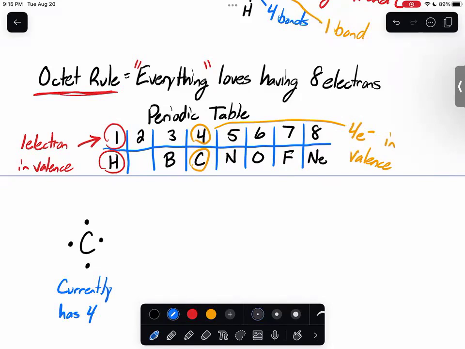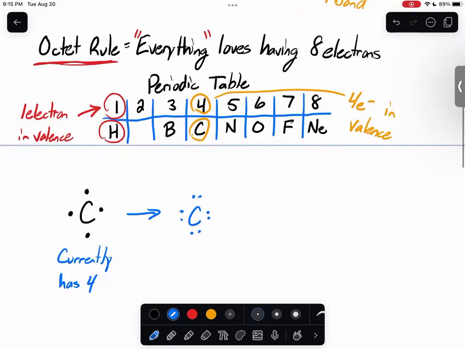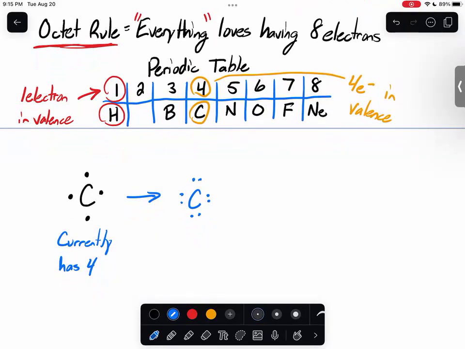So, how do we get it from having 4 to getting up to these 8 nice electrons? Well, that's where other atoms come in, right? Because every atom wants to give 1 electron to make a bond. So, if we take a look at good old hydrogen, like we see up there, hydrogen has 1, right?